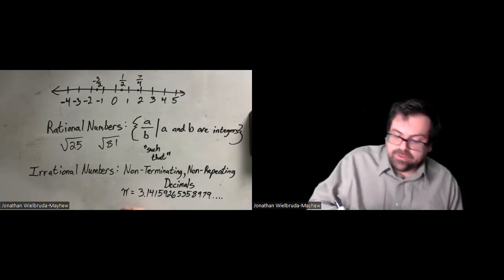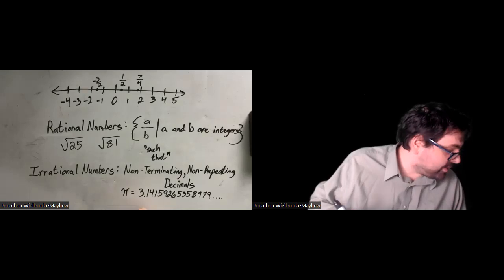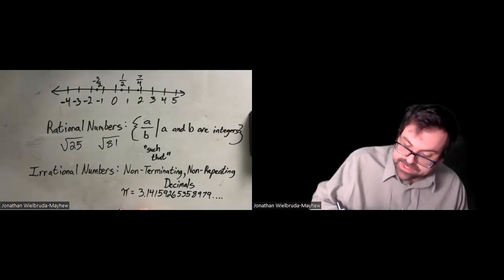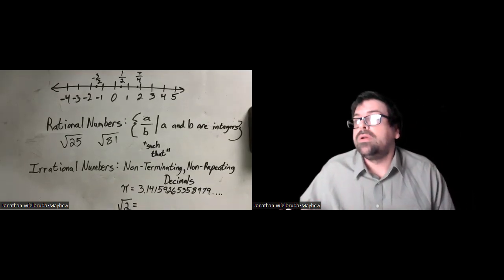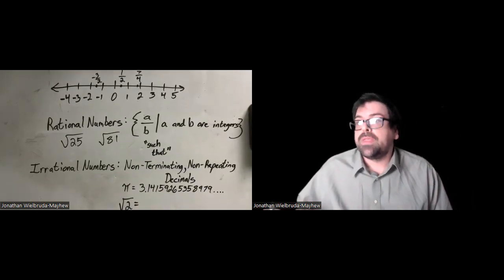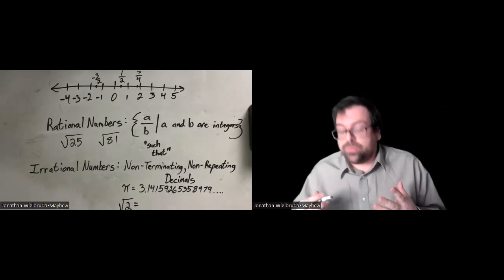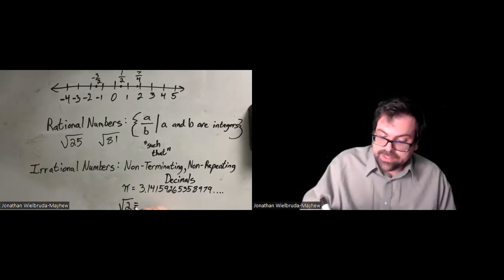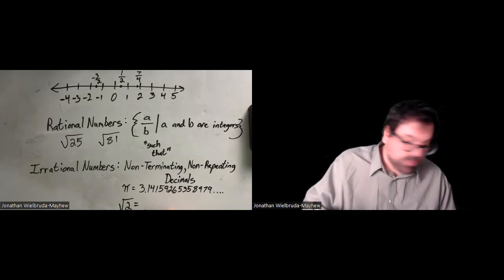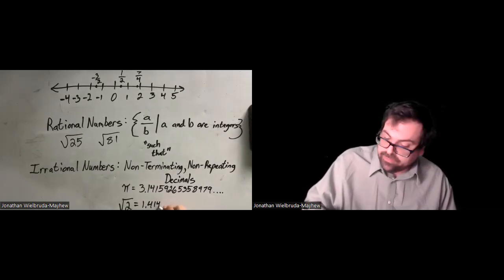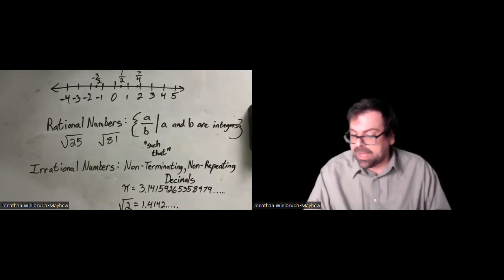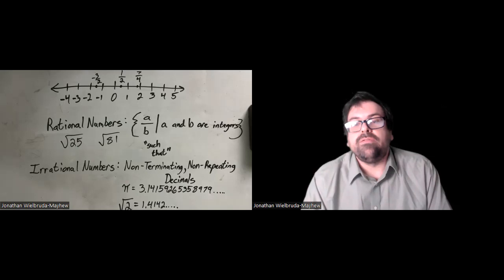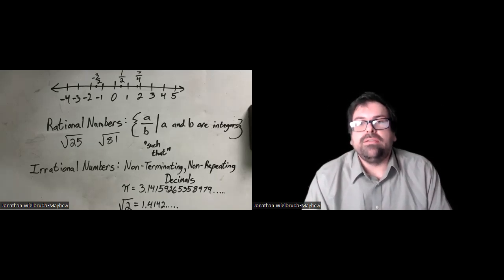Square roots of non-perfect squares, for instance, the square root of 2, since it's not the square root of a perfect square, happens to be 1.4142, and it goes on and on and on, just like pi, forever and ever, never ending, never repeating.